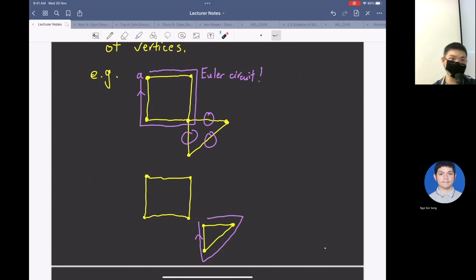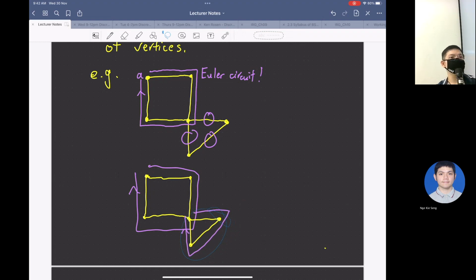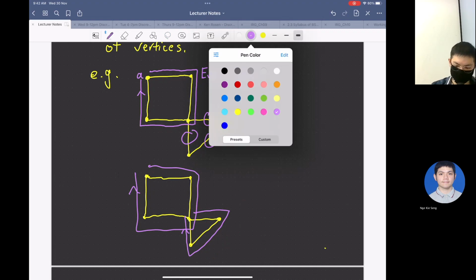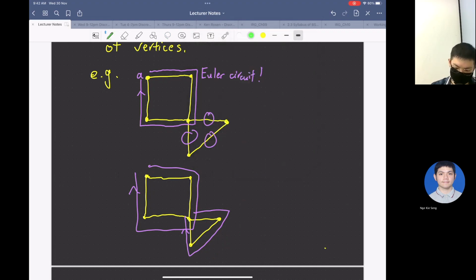Okay. So you can form another Euler circuit. And after you form it, you can combine these two Euler circuits because they are connected. Then once you combine these two Euler circuits, this is the circuit that you want.